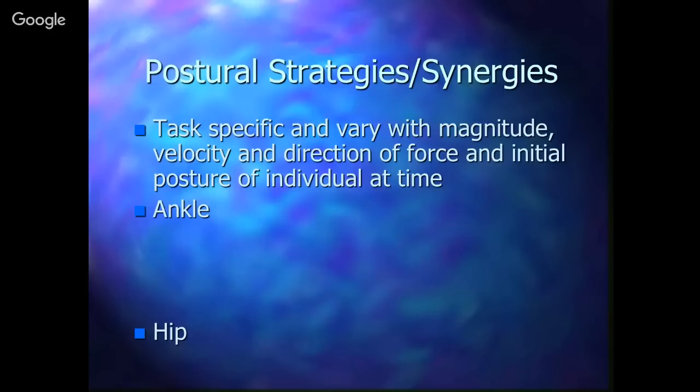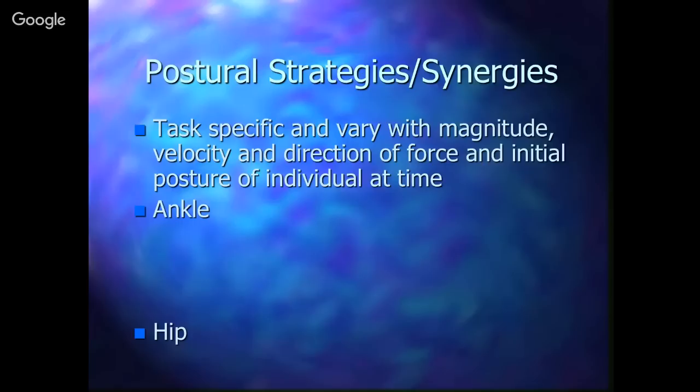So you might turn on your paraspinals, your erector spinae, all the way up to the neck extensors, and so forth. So that's an ankle strategy, and the ankle strategy works when the magnitude and velocity of the force is on the lower side. Think about a low amount of force, a slow push. You'll be able to check that through this ankle strategy, be it forward or backwards.